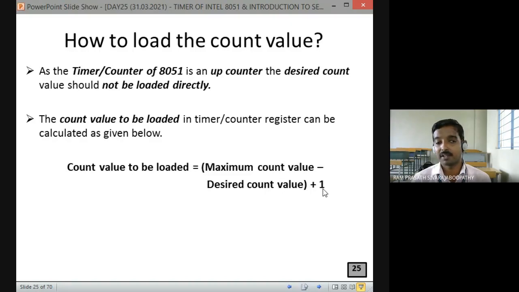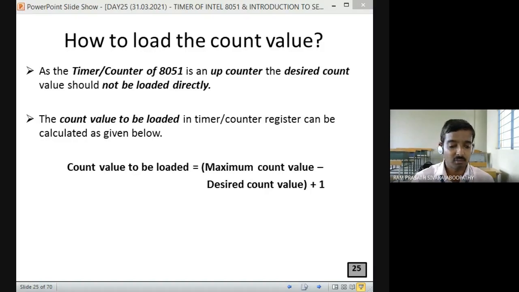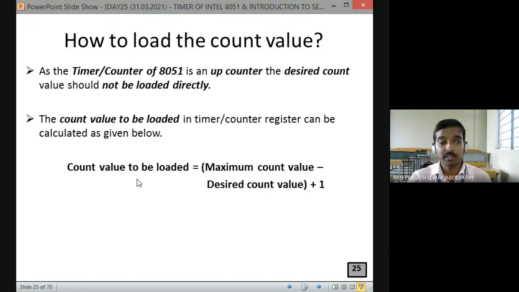A small number, a single digit number. Yes, 8. Listen carefully. Anthony Surya told the count value as 08H. Correct? Now the desired count value is 08H. So what should be the count I load? Maximum count value minus desired count value plus 1.